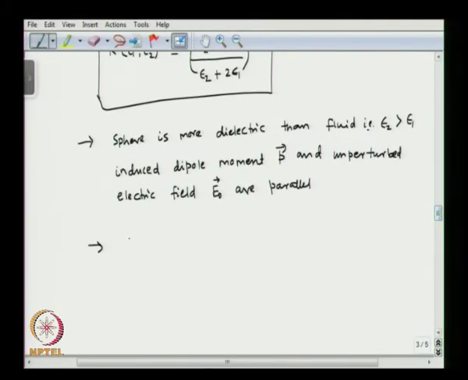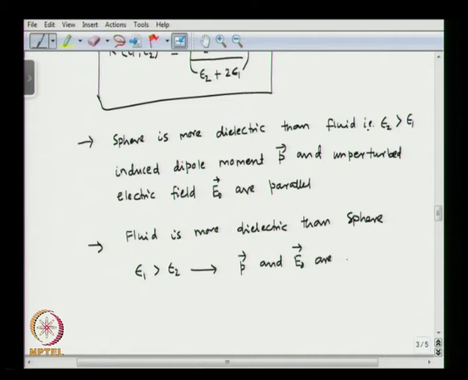So if the fluid is more dielectric than the sphere, that means epsilon 1 is greater than epsilon 2, the dipole moment and the electric field are antiparallel, and if the dielectric constants of the fluid and the sphere are equal, then the dipole moment is going to vanish. So the dipole moment is 0.